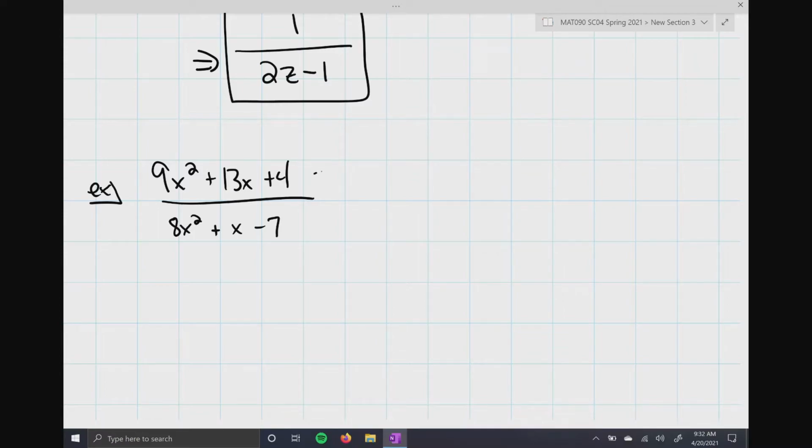So, AC method. And you're going to have to do the same thing in the denominator as well. So you're going to have to use the AC method for both. Okay? So let's go ahead. Let's do this.